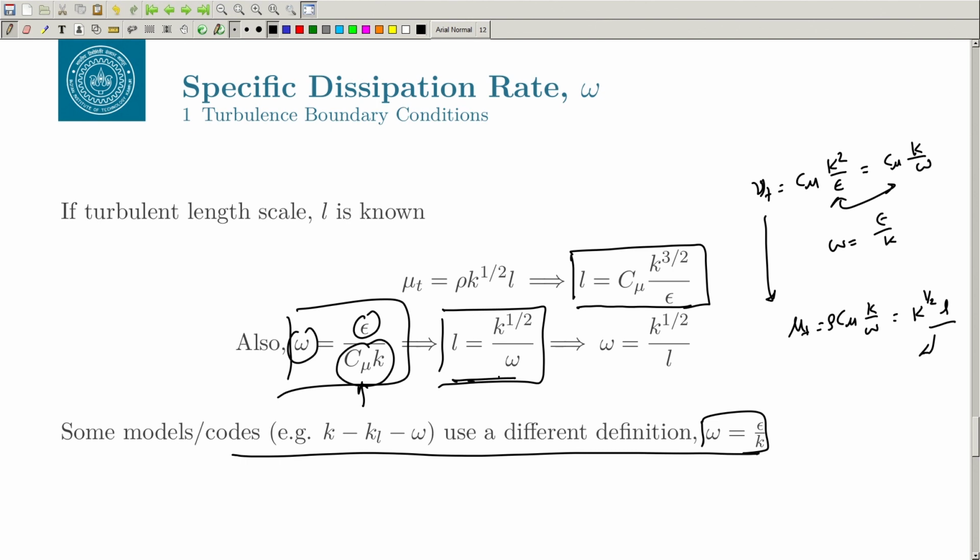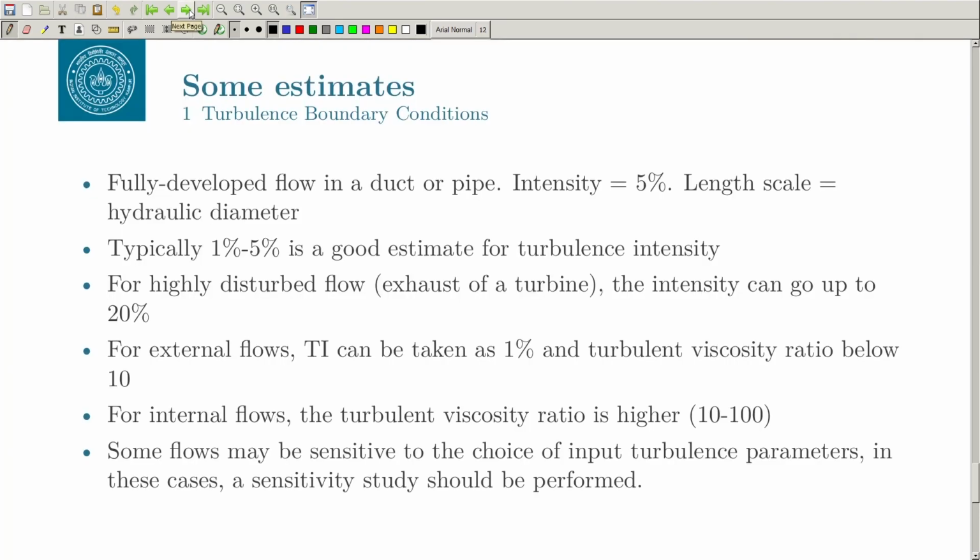Okay. Note that in some codes you will have c mu multiplied here or divided here. So, you have to be careful. That depends on the definition in that particular software. I am just giving you the concept that if you know the turbulence kinetic energy and the length scale, you can get the specific dissipation rate. And you get this value and assign it at the inlet as well as the initial condition. Okay. So, this is how you do things.